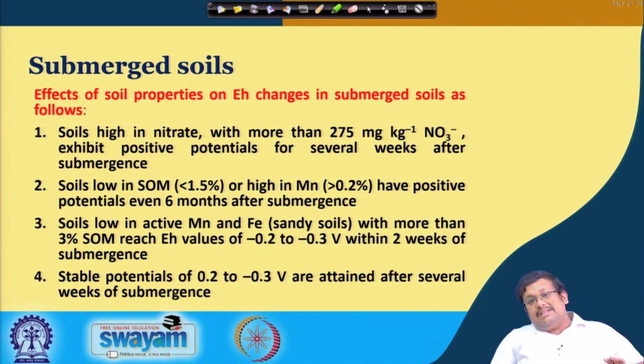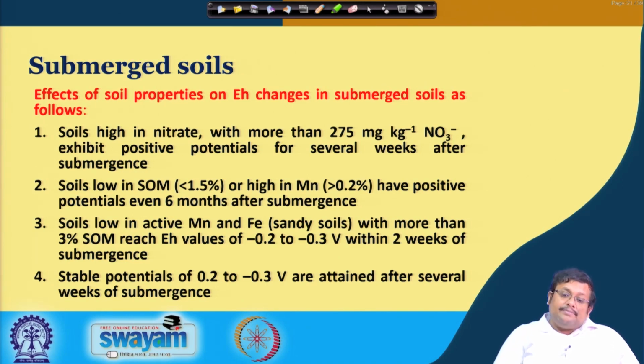So, when we submerge the soil, within 2 weeks you will see that soils with low Mn and Fe and more than 3% soil organic matter reach an EH value of less than 0, varying from minus 0.2 to minus 0.3 volt. Stable potentials of minus 0.2 to minus 0.3 volt are attained after several weeks of submergence.